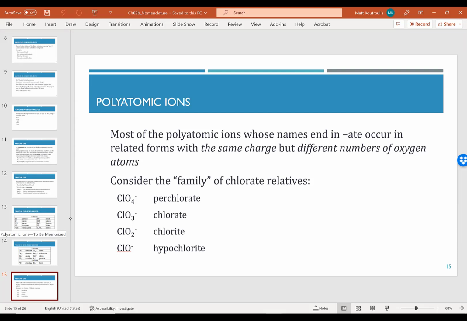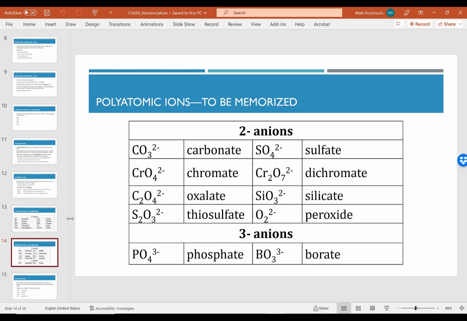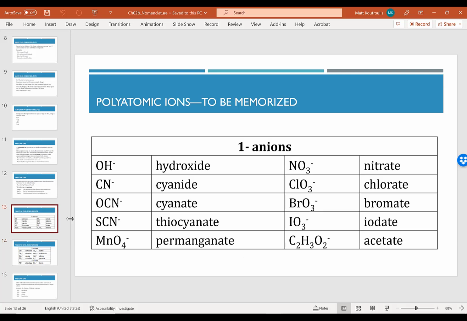You've heard of permanganate, right? I don't think I've ever heard of manganate, but if permanganate is MnO4-, if manganate does exist, what would it be? MnO3, because per means you've added 1 oxygen, right?